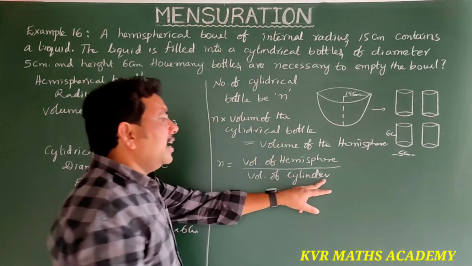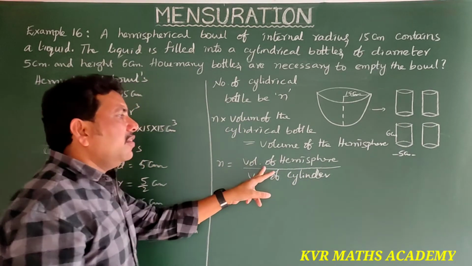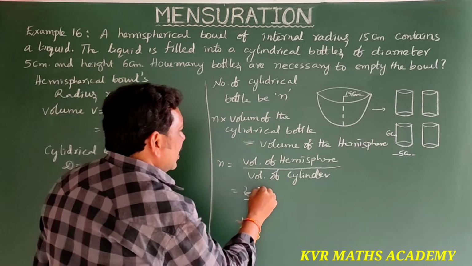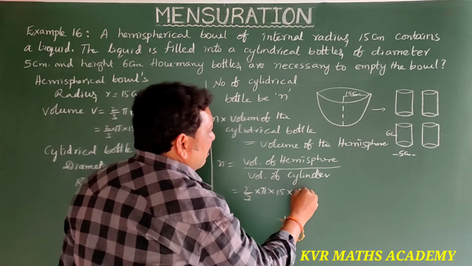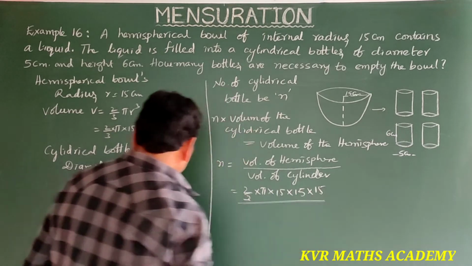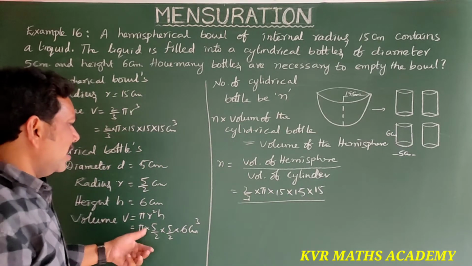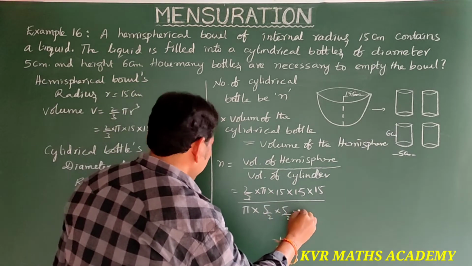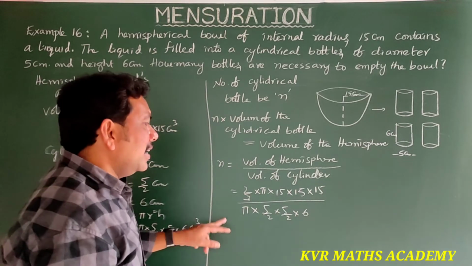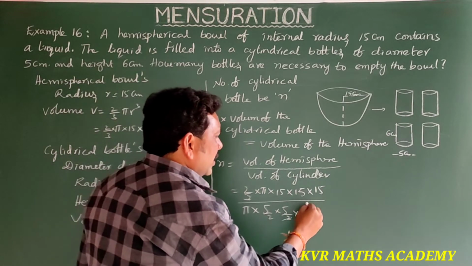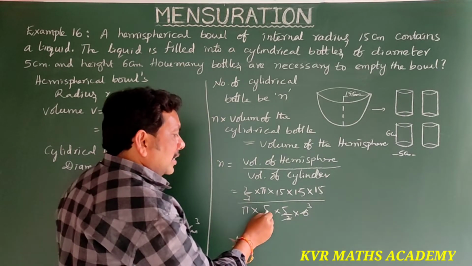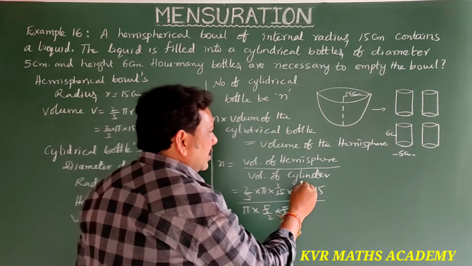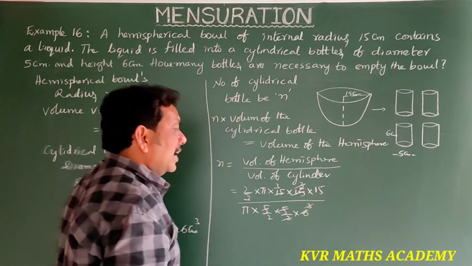So the volume of hemisphere by volume of cylindrical bottle is 2 by 3 into pi into 15 into 15 into 15 by pi into 5 by 2 into 5 by 2 into 6. Look here, 2 3s are 6. Next, 5 in 15, 3 times; again 5 in 15, 3 times. 3 gets cancelled.